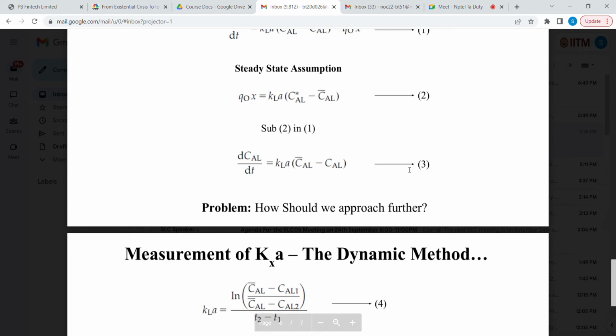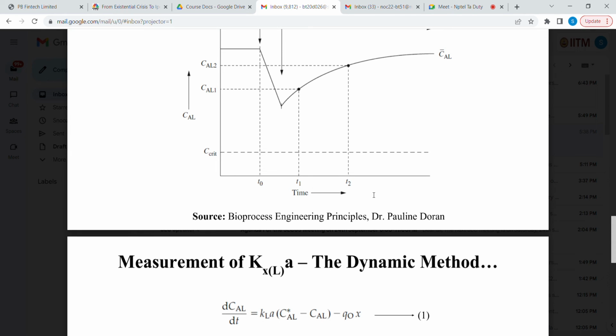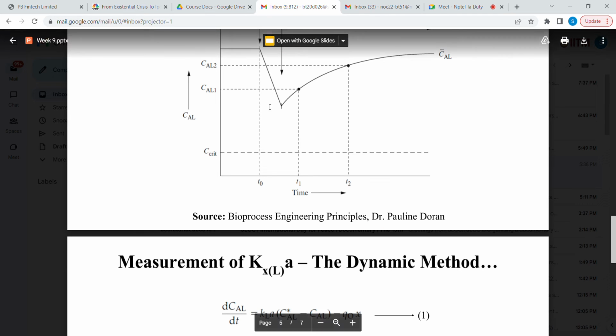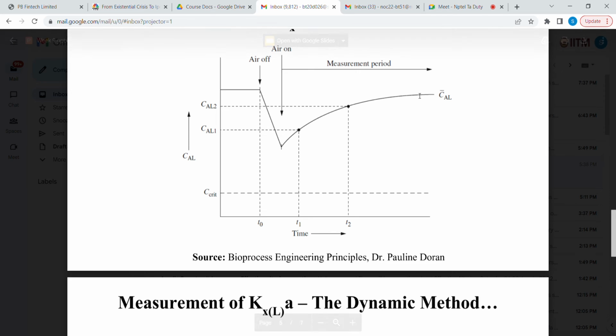What we are assuming is that at one point of time, when you keep taking readings at different time intervals using a dissolved oxygen probe, it will start to equilibrate at or near the C star. And why does it not equilibrate at C star? It's because there is a consumption of oxygen by the species that is present in the system.